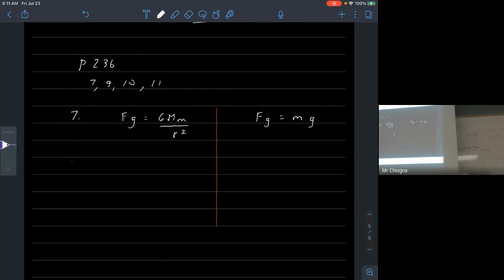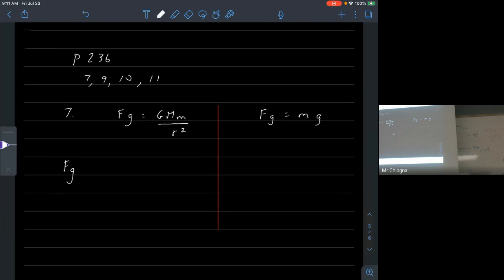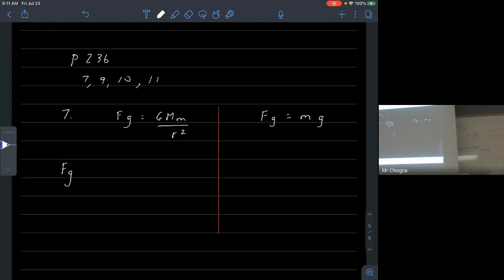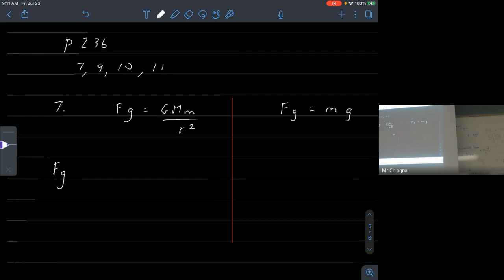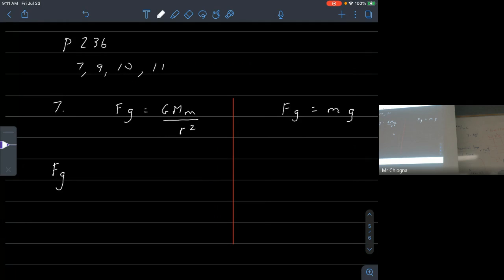This is great, right? It's one gravitational force. Oh wait, never mind.